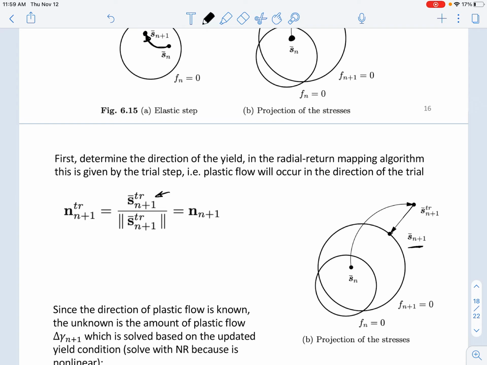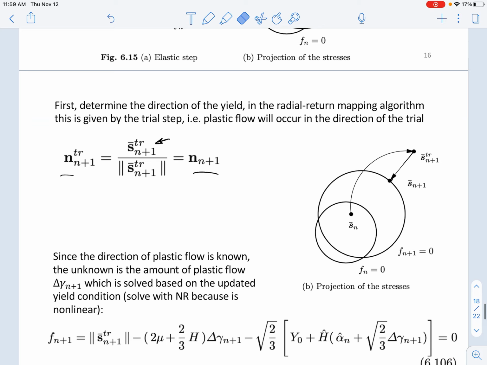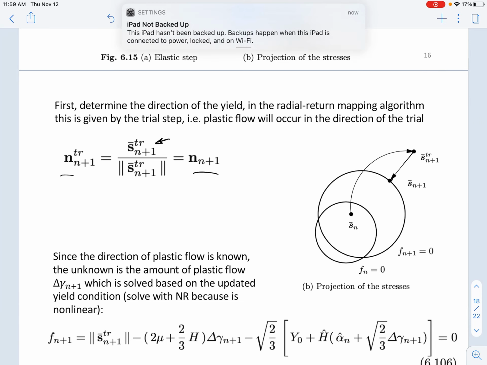So once you compute the trial, that one actually defines your direction of plastic flow. And so that is known, and then the only thing that you need to determine is how much plastic flow you are going to have, which basically determines how much this yield surface moves.